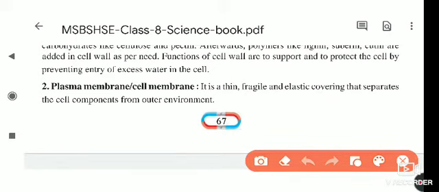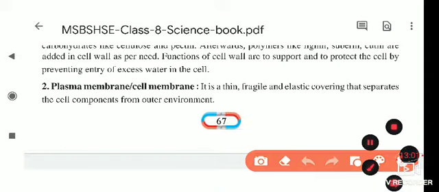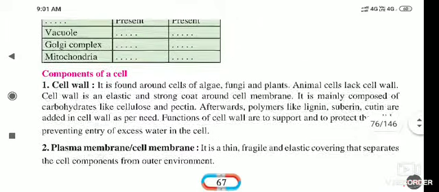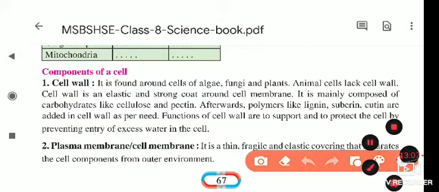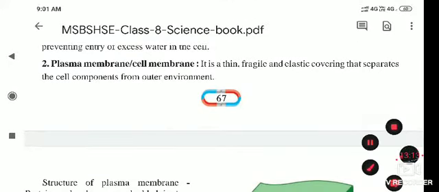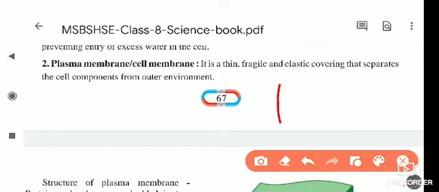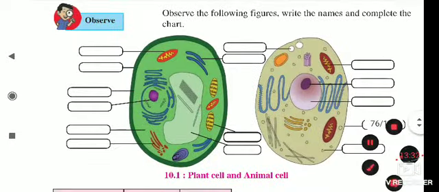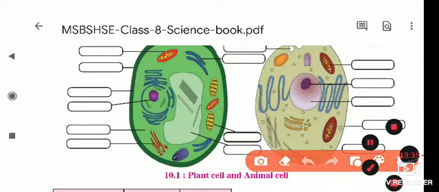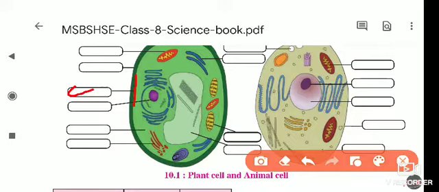The cell wall is a little bit hard, but the plasma membrane is a very thin, fragile, elastic covering that separates the cell components from the outer environment. It is present inside the cell wall.